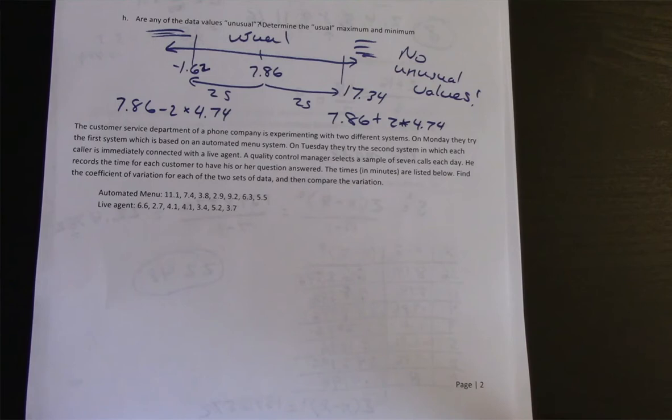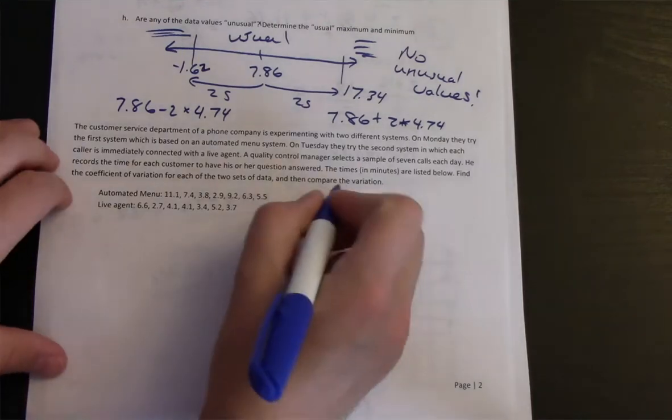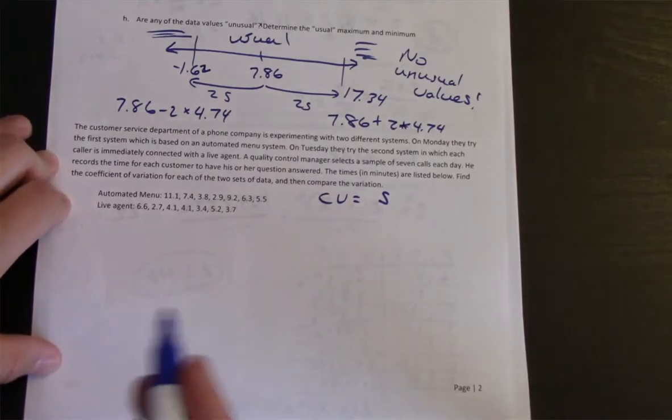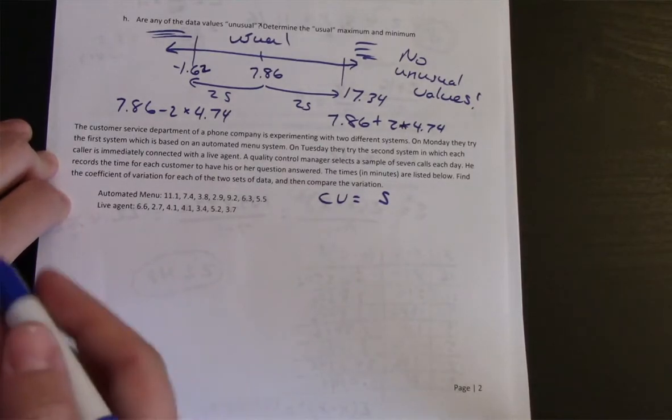So we want to determine the coefficient of variation for both data sets, and then compare the variation. First thing you're going to want to do is remember what the formula is for coefficient of variation. It's not on your formula sheet, so this is one that you do need to memorize. Coefficient of variation is basically a standardized measure of variation.